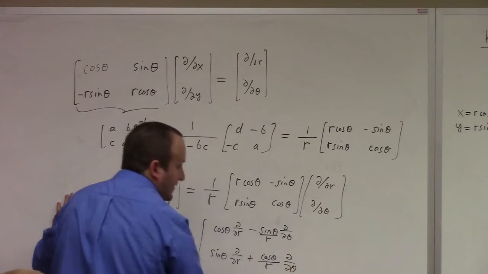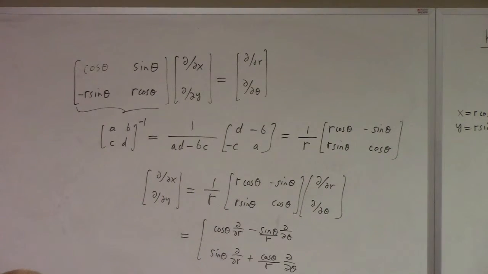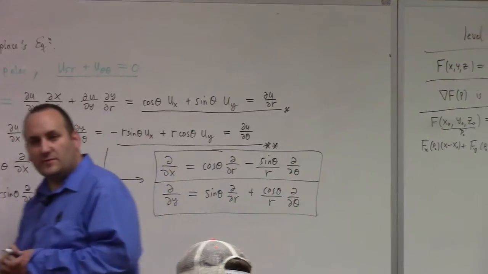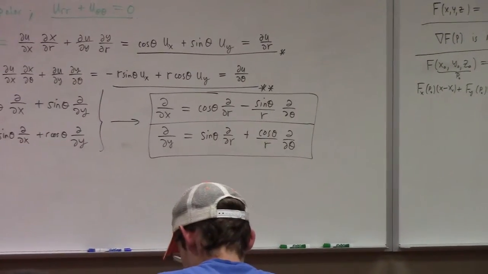In other words, the answer to the algebra question is partial x is in fact cosine theta partial r minus sine theta over r partial theta. And then partial y is sine theta partial r plus cosine theta over r partial theta. So as you can see, this is how you can rewrite the derivative with respect to x or y in terms of the polar coordinate derivatives.